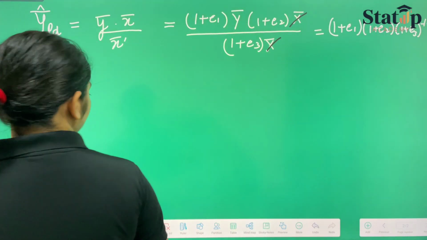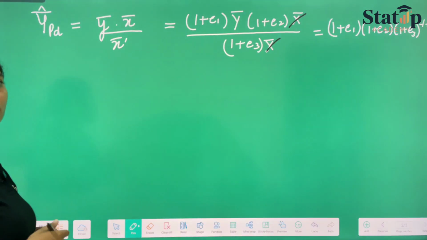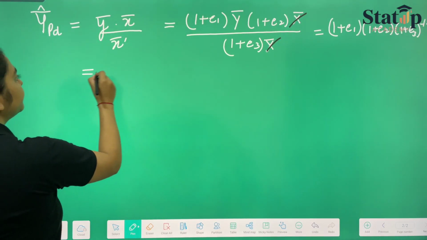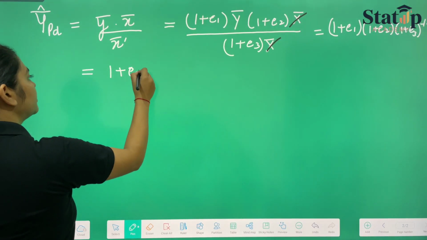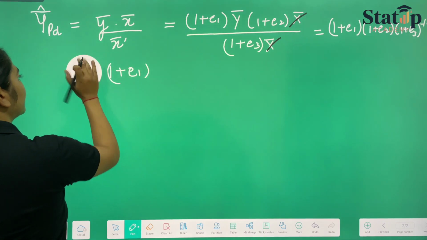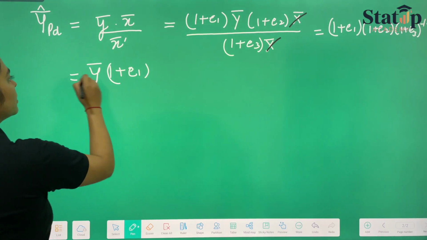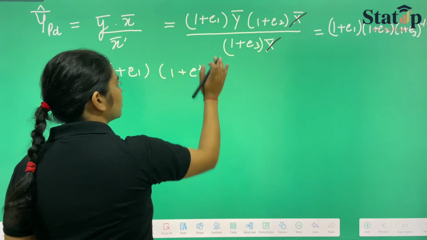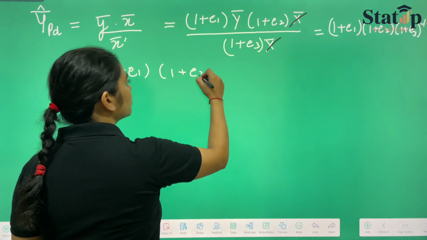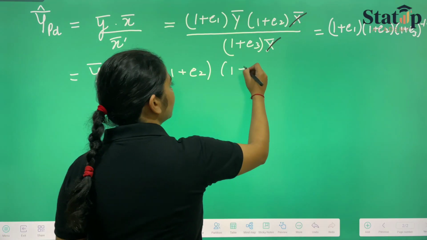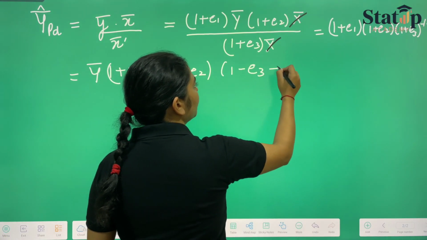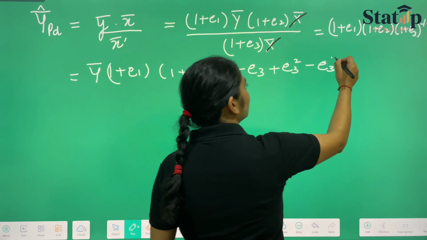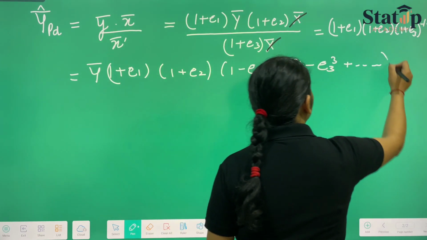Now 1 plus E3 raised to the power minus 1, if we open this expansion, we will be getting 1 plus E1, let us keep capital Y bar here, into 1 plus E2 into 1 minus E3 plus E3 square minus E3 cube plus and so on.